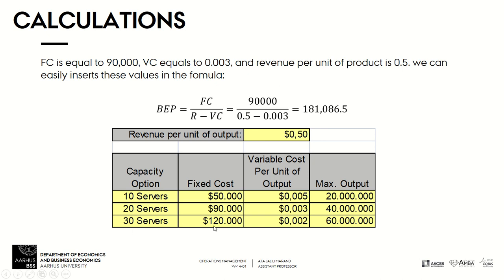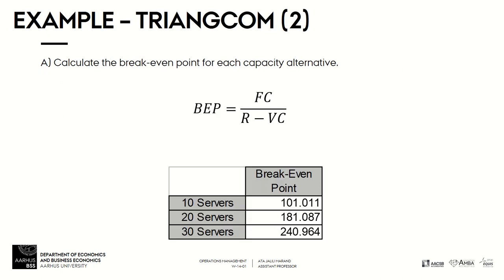If we substitute these numbers into the formula that we have here, we will get 181,086.5. Let's round it up, so we'll get 87. So it is the number that we can see in this table. In a similar way, we can calculate the break-even points for the other 2 alternatives.